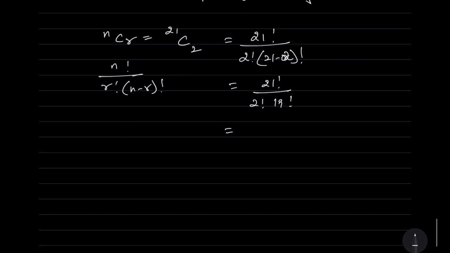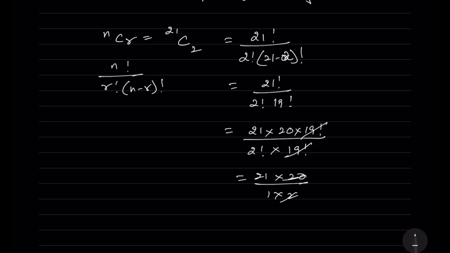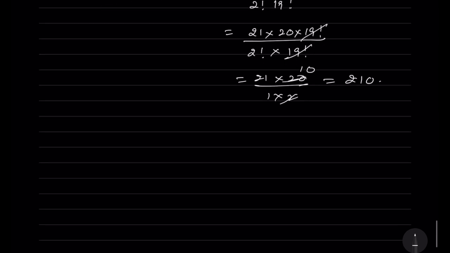So which is equal to 21 into 20 into 19 factorial divided by 2 factorial into 19 factorial. So these two will get cancelled. And here 2 factorial is nothing but 1 into 2. So you can write 21 into 20 divided by 1 into 2. So this will become 2 tens, so 210.